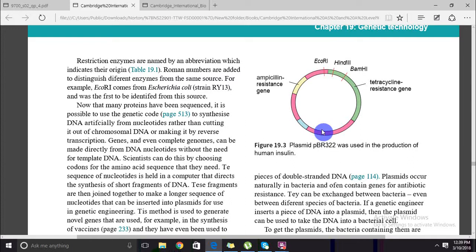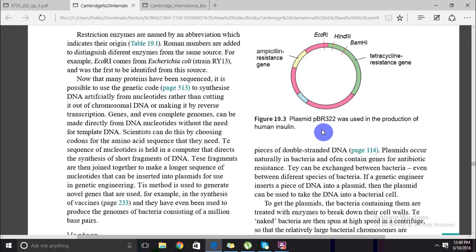And these fragments are then joined together to make a longer sequence of nucleotides, and the sequence can be inserted into plasmids for use in genetic engineering. This method is used to generate novel genes that are used, for example, in the synthesis of vaccines. And novel genes are ones that are pretty new, and they've even been used to produce genomes of bacteria consisting of 1,000,000 base pairs.